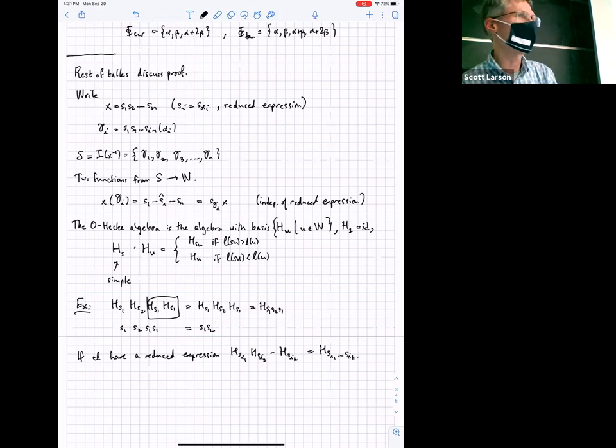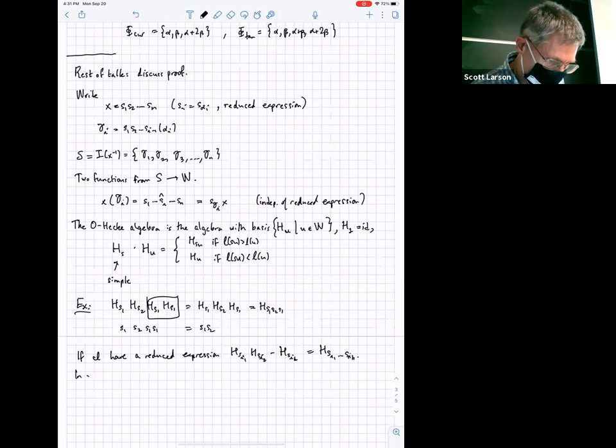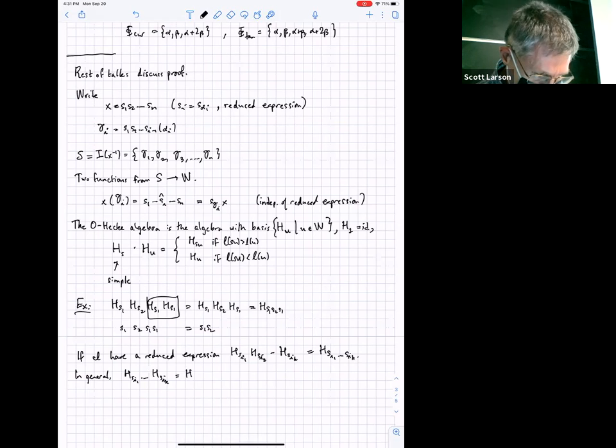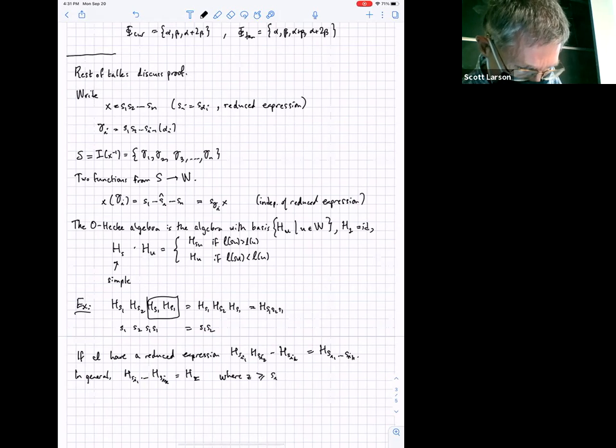So it just multiplies very simply in the case of a reduced expression. But in general, h of s of i1 times up to h of s of ik is h of some element, I'll call it z, where z is some unknown element of the Weyl group, where z is bigger than or equal to s i1 through s ik in the Weyl group.